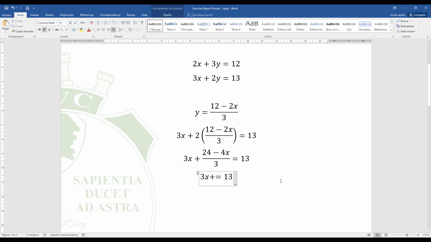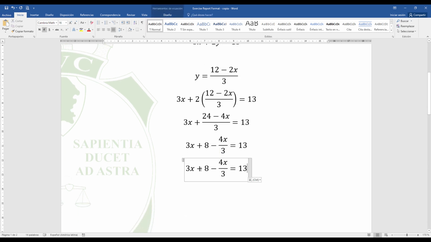So here there are 24 divided by 3, it's 8, less 4x divided by 3. Now you can move that value and do the operation.